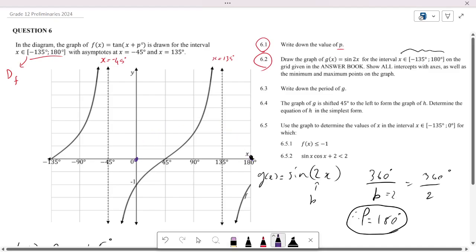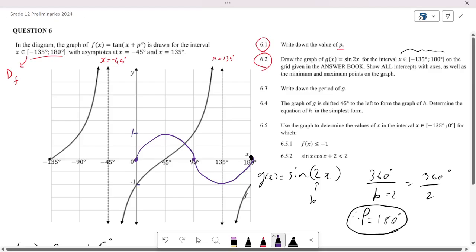Instead, because we halved the period, it's actually going to look like this. And then the x-intercept is going to be 90 degrees. Can you see? And then it's going to move towards 180 degrees like that. This is -1, and this will be +1 over here.